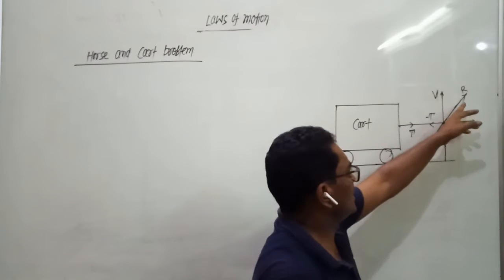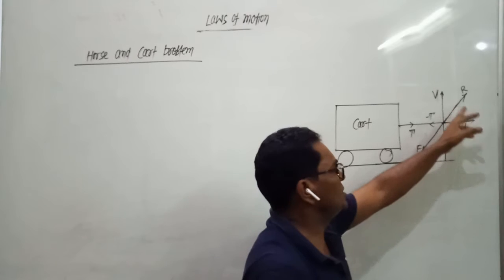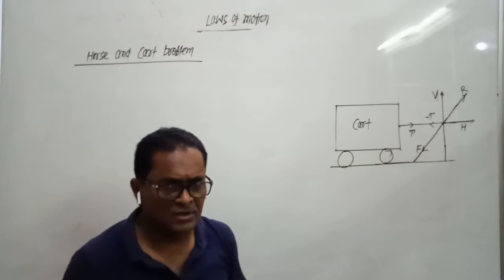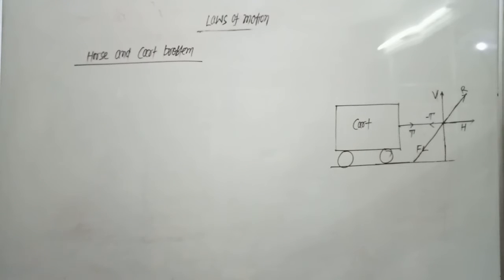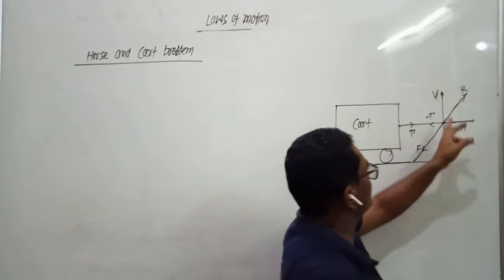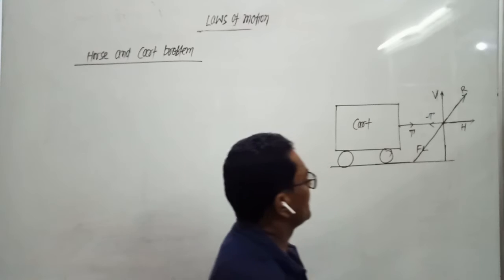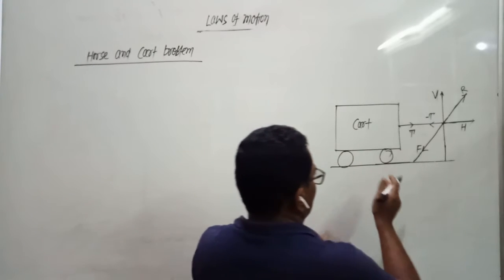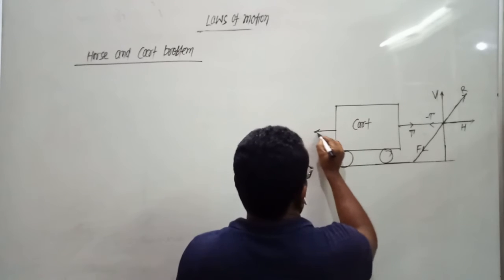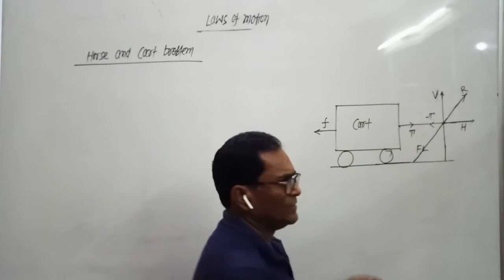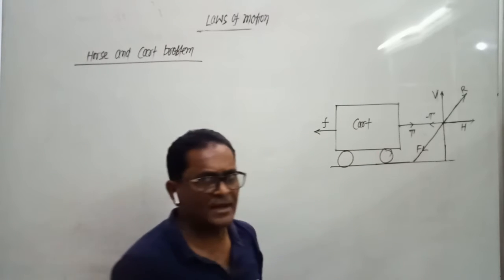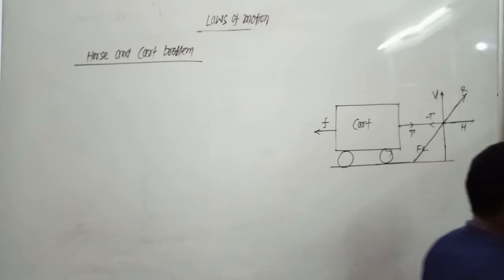From Newton's third law of motion, in the direction opposite to F, a force acts on the horse, which is called the normal reaction, represented by R. There must be two components of R: the horizontal component, represented by H, and the vertical component, represented by V. There is also a force acting on the cart, called the force of friction, which acts in the opposite direction.